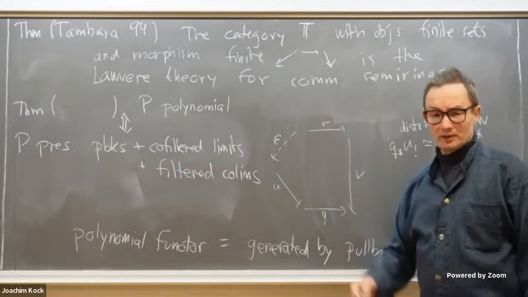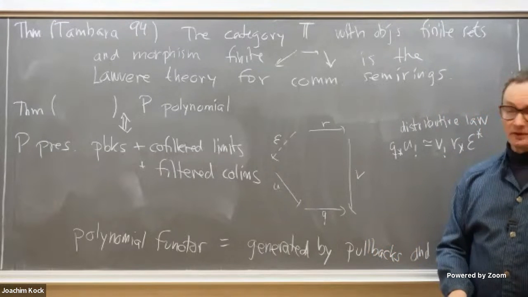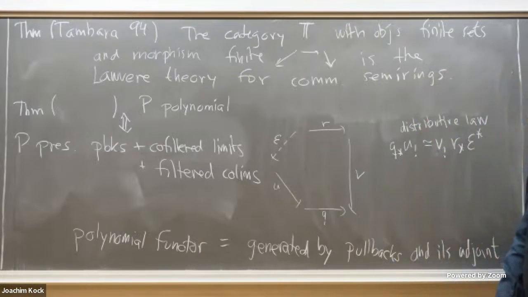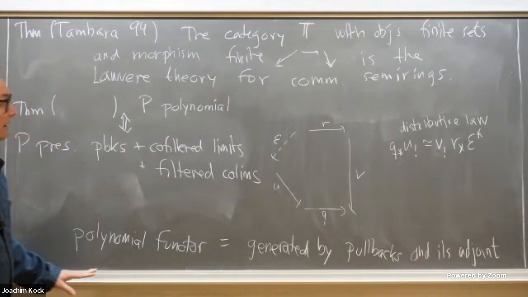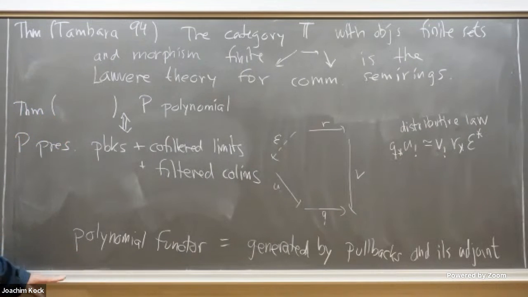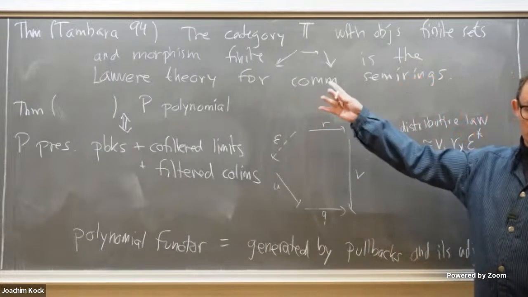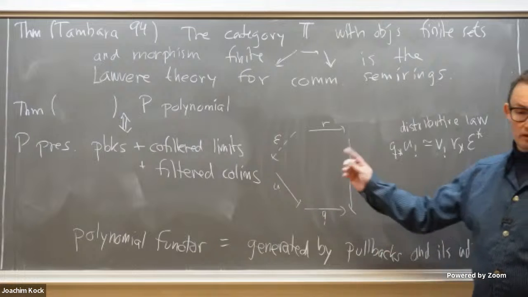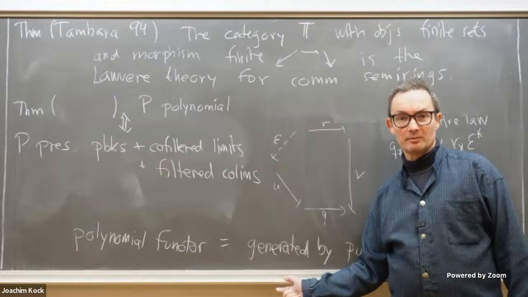Tambara himself gave all the ingredients in the proof and all the arguments, but he did not state the theorem. That was only sorted out much later, principally by Morten Bruun, who, working in equivariant topology, sorted out that Tambara actually did this. And you can also read about it in my paper with Nicola Gambino, where we explain this.